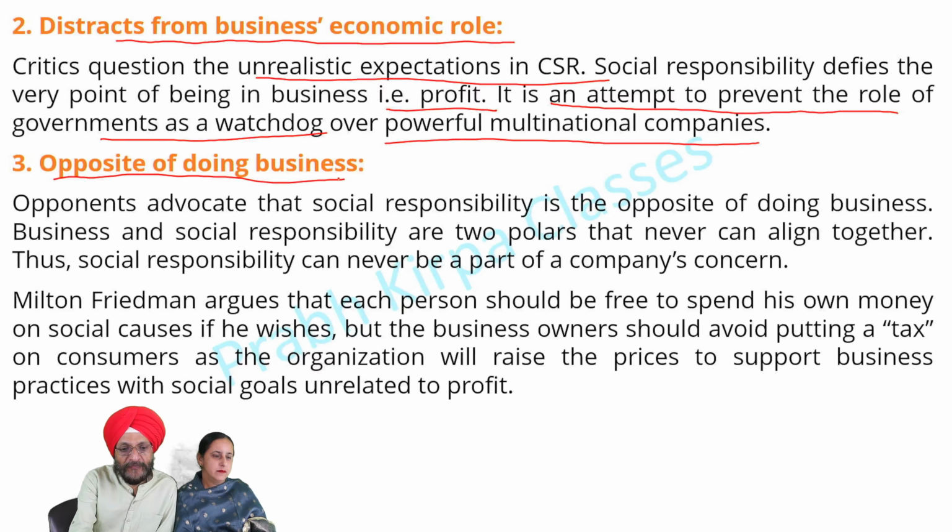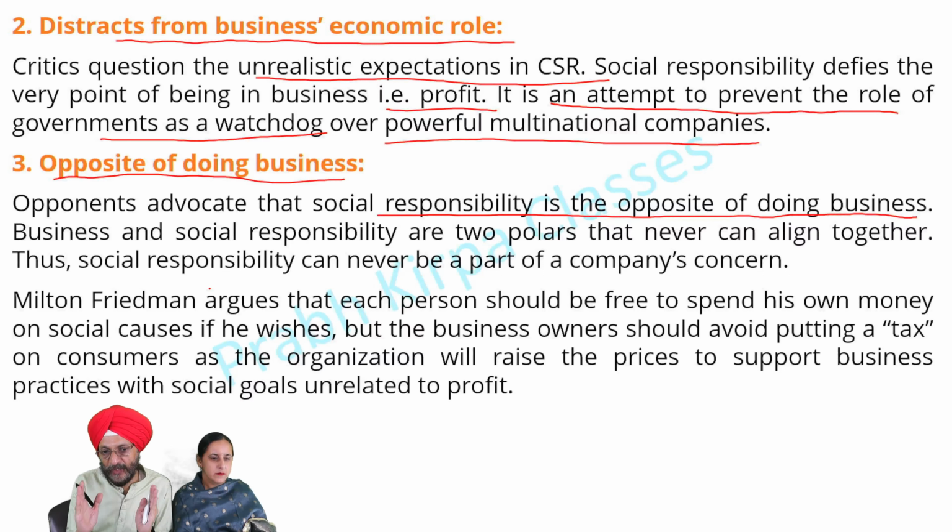Another point is that it is the opposite of doing business. Opponents advocate that social responsibility is the opposite of doing business. Business and social responsibility are two poles that can never align together. So, social responsibility can never be a part of a company's concern.